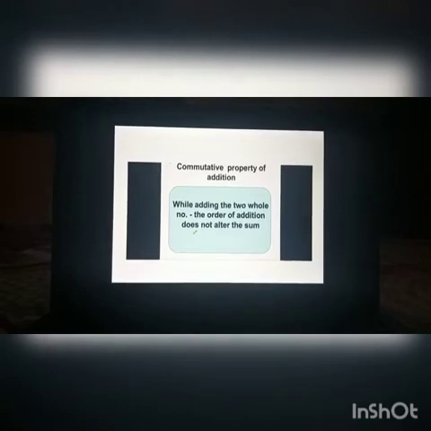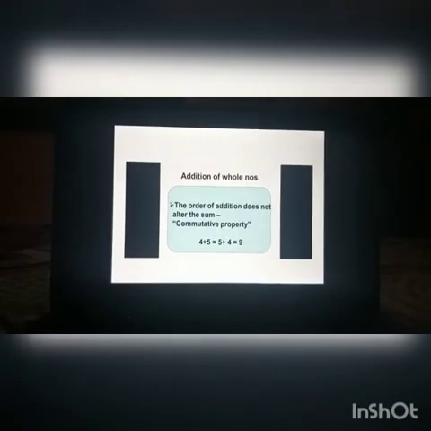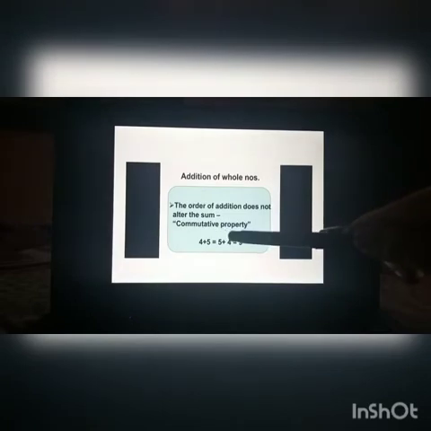So you can add any two whole numbers in any order. This property is known as commutative property. So here it is again, the order of addition does not alter the sum, and this property is known as commutative property. Here example is given.